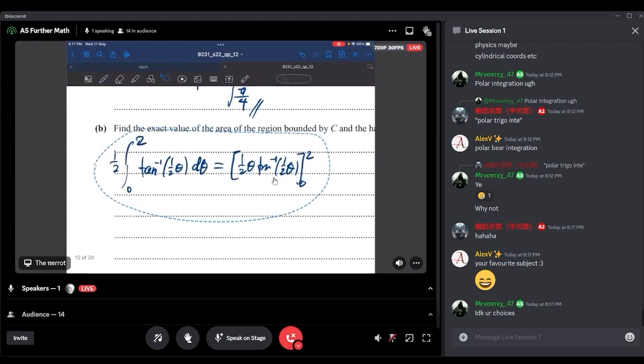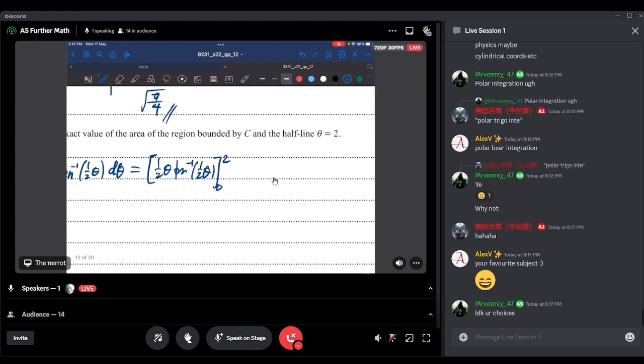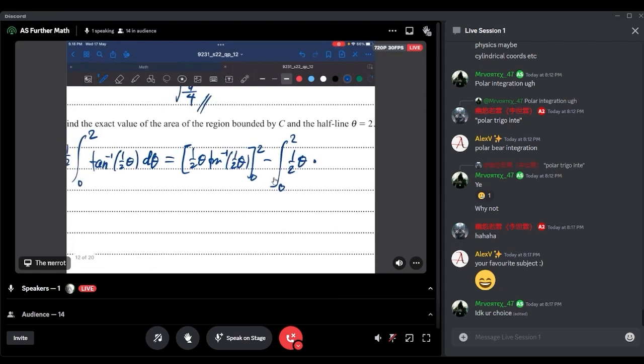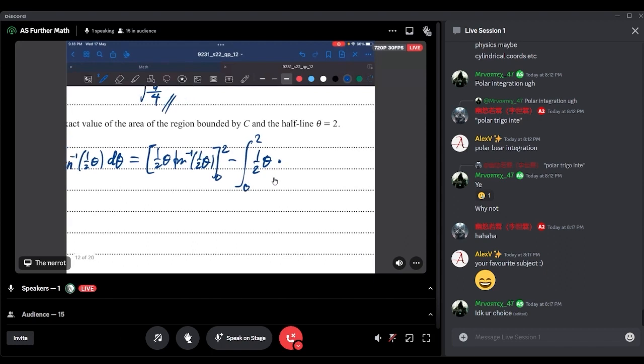Minus, and then you differentiate tangent inverse. So now you have half theta times the differentiation of tangent inverse. The derivative of tangent inverse is 1 over 1 plus x squared, but our x is just half theta. And then with the chain rule, don't forget to multiply by half, by 1 over 2. So now you have this.